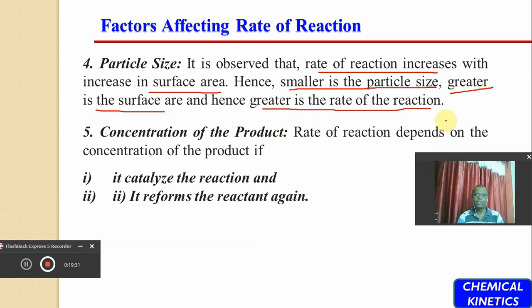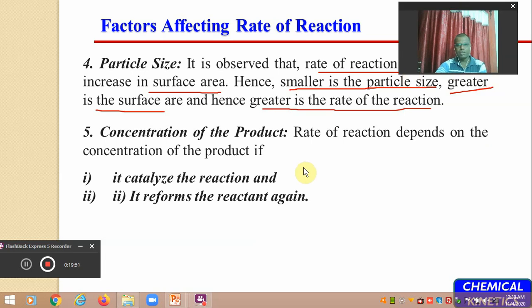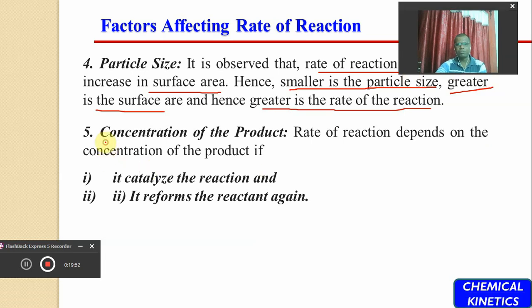That's why in many cases the reactant is first converted into powder and then the chemical reaction is started, because we get a higher rate of reaction and the reaction is completed in a smaller time.